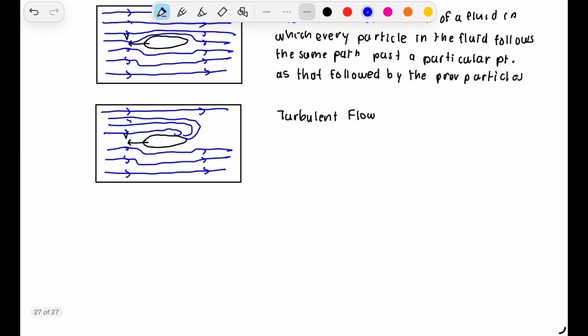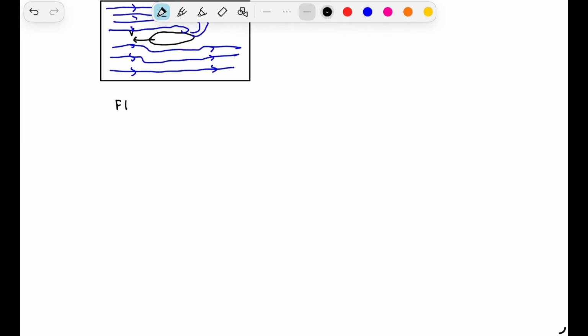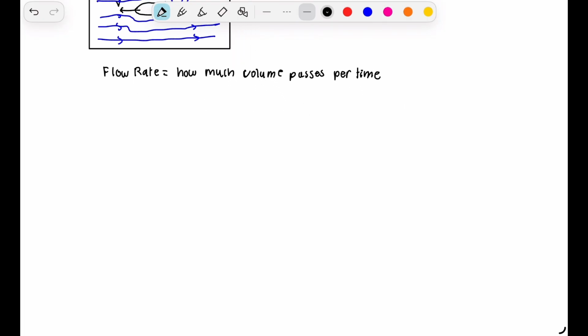Now, what is flow rate? This is how much volume passes per time through a certain cross-sectional area.